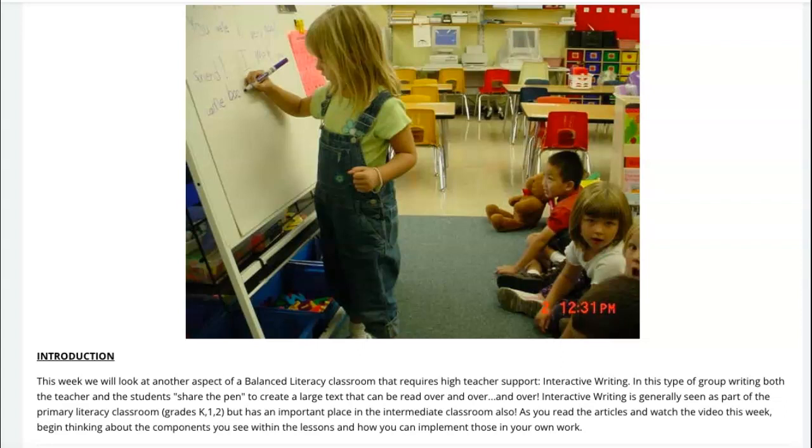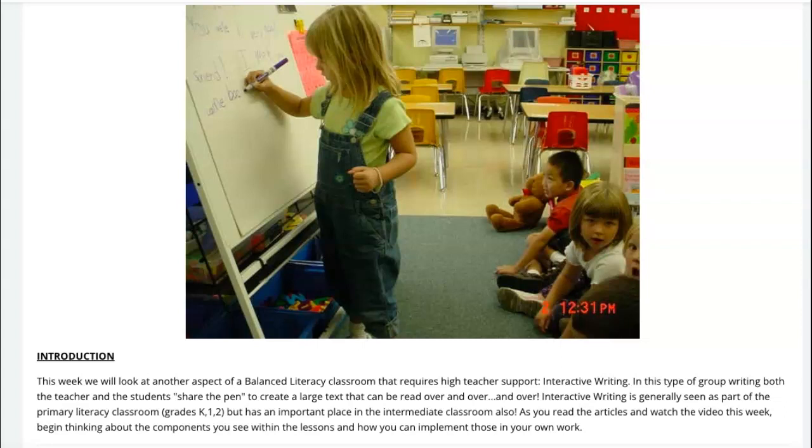Number 4, constructing the text. Once the text is composed, the teacher and the children write together. They're sharing the marker, letter by letter, or letter cluster by letter cluster, word by word, across the page from left to right, moving back to the left to begin new lines, and leaving appropriate spacing between words and lines.